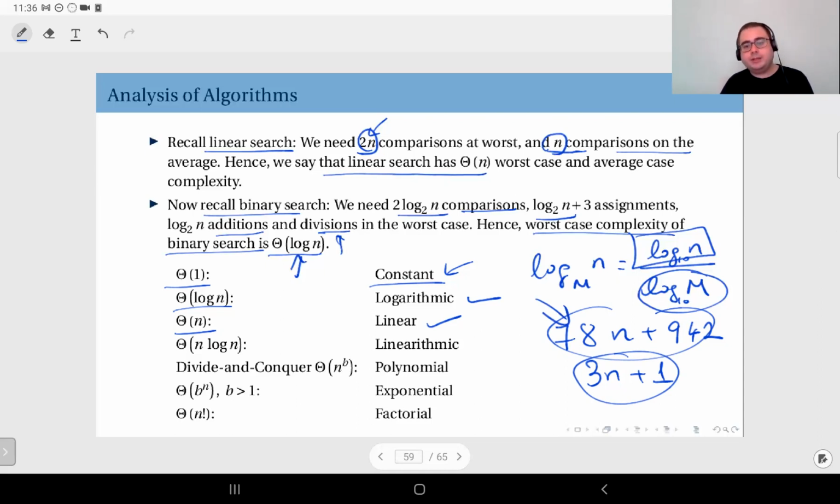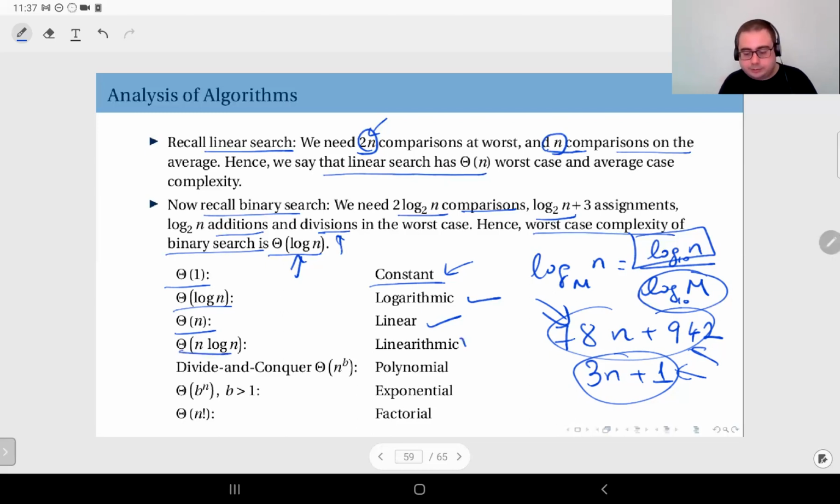However, we are not interested in the actual specific amount of time the algorithm requires. We are interested in how it behaves as the size of the input grows towards infinity. So these are linear, so these are good. Linear complexity is not going to blow up when the input size increases.